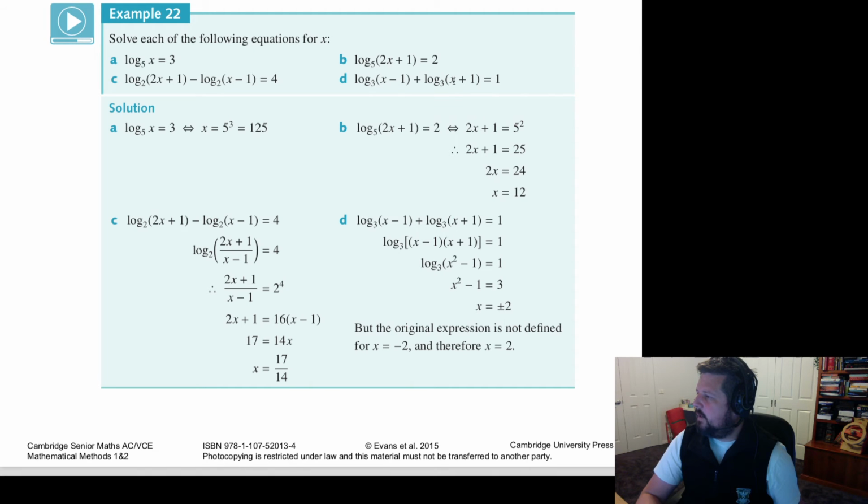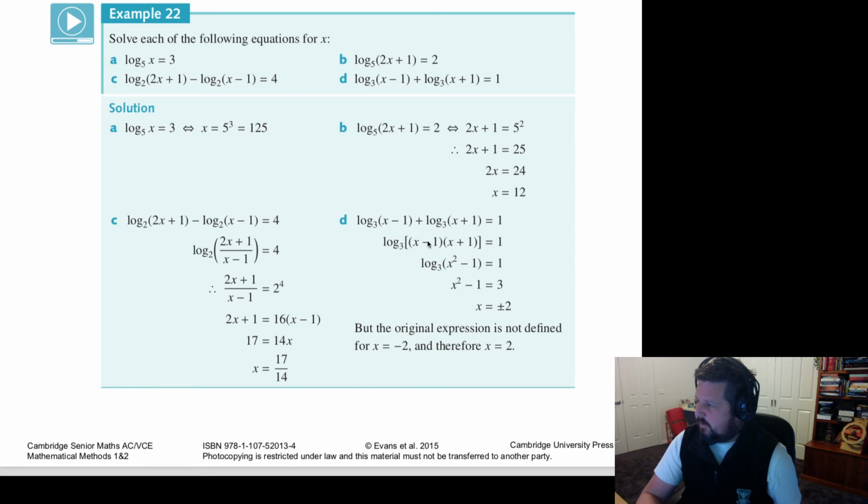Last but not least, we've got this here. We're adding, which means we've got the product rule. We're going to be multiplying these by each other. So we're going to have the log of these multiplied by each other to the base 3 being equal to 1. Now, what you should notice is if you have x take away 1 in one brackets, x plus 1 in the other brackets, this is a difference of perfect squares.